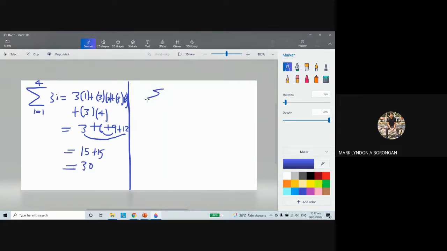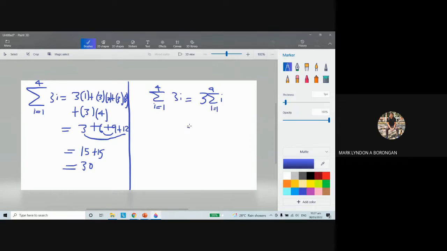Whereas, if we use property 2, it is stated like this: 3 times the summation of i from 1 up to 4.